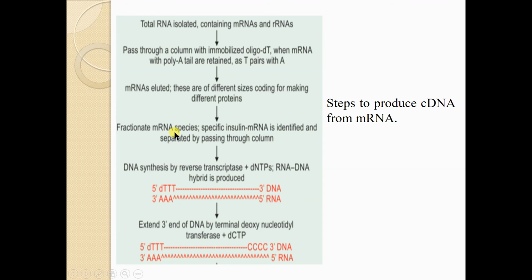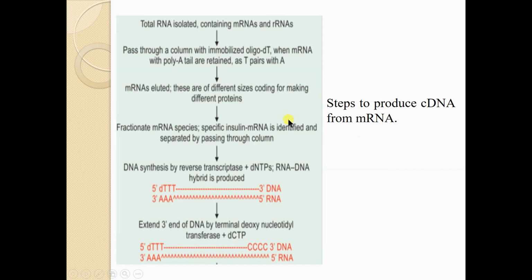So for that, fractionation of the mRNA species will be done by a specific technique, and the mRNA will be separated by differences in size and length, along with the fact that we already know the mRNA sequence of the insulin gene. So the specific insulin mRNA is identified and separated by passing through a column. The whole mRNA passes through a different column, to which one specific portion of the complementary sequence of the insulin mRNA is attached.